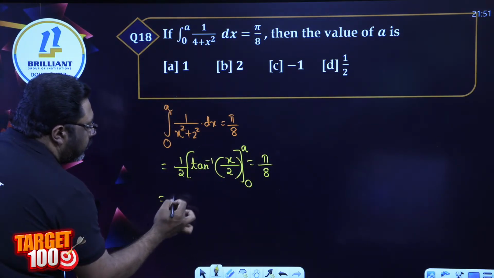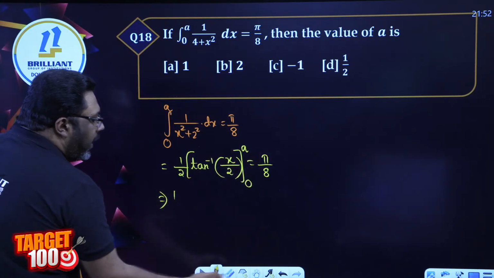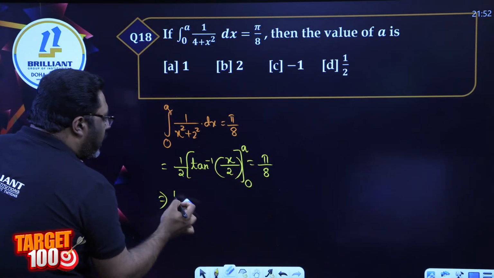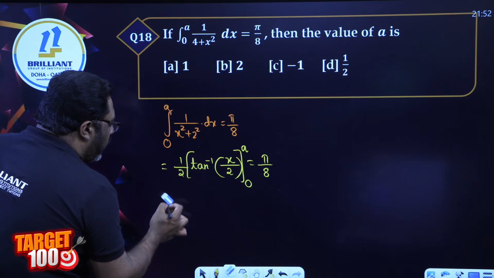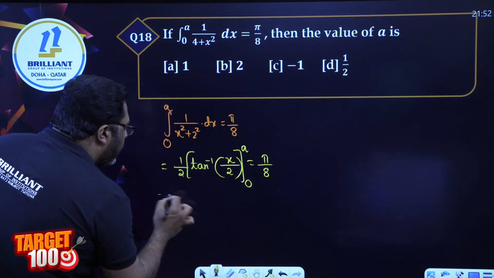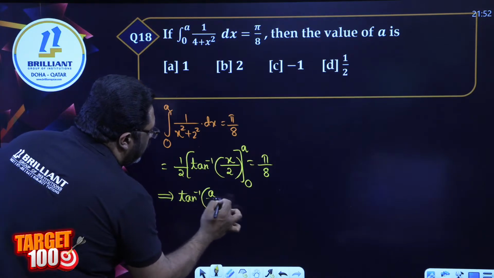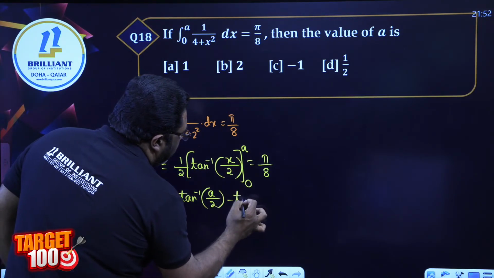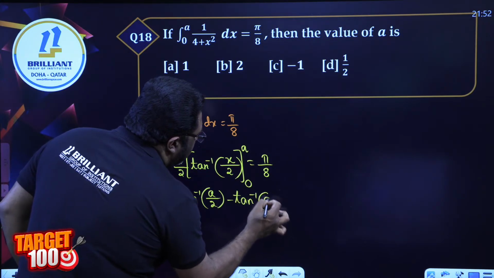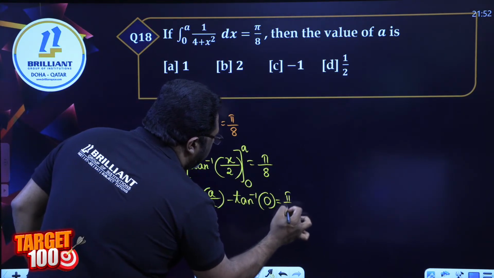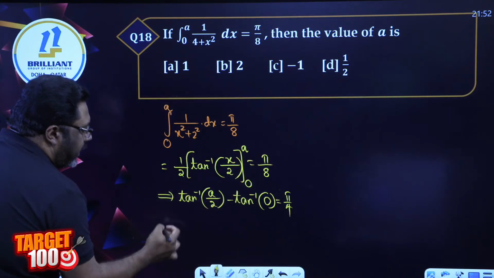Apply, please. So the half will go there. If the half goes there, it becomes pi by 4. So it implies tan inverse a by 2 minus tan inverse 0 equal to pi by 4. Tan inverse 0 is 0.